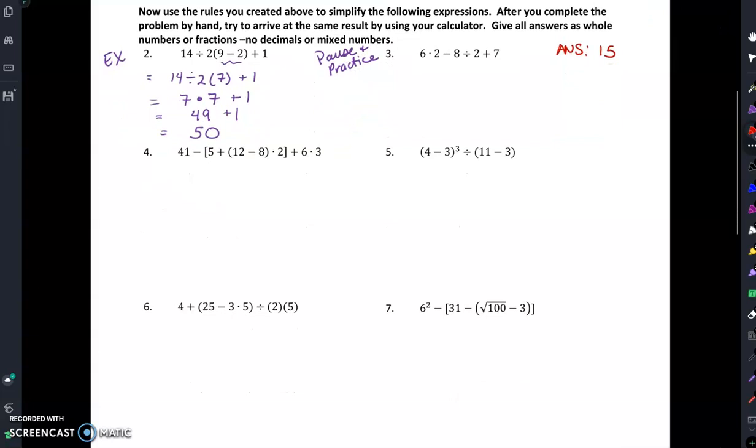For number 4, I'll do that as an example. Again, you can pause and do it along with me if you prefer. 41 minus, and this is brackets, 5 plus parentheses 12 minus 8 parentheses times 2, that dot is times, and then end bracket, plus 6 times 3.